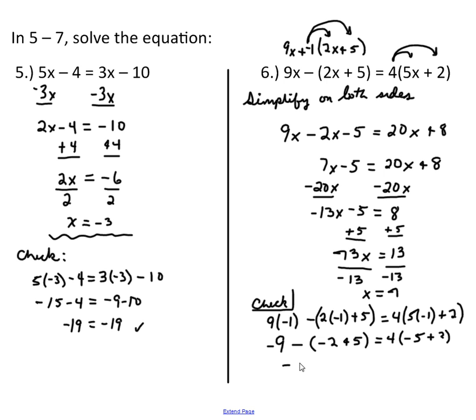So we end up with negative 9 minus 3 equals negative 20 plus 8. Well, negative 9 minus 3 is negative 12. Negative 20 plus 8 is also negative 12, so that checks out. And we're done.